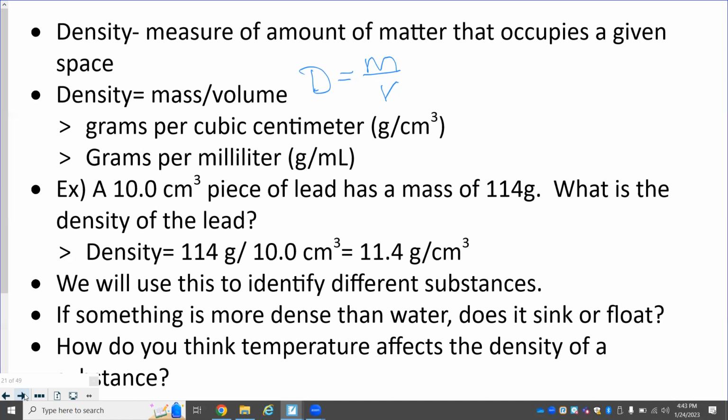So whenever we heat up air, it becomes less dense, which is what allows it to float or rise. Whereas that cold air is going to sink down towards the earth. So lowering the temperature makes a substance more dense. That may be affected when we talk about how different chemicals mix together.